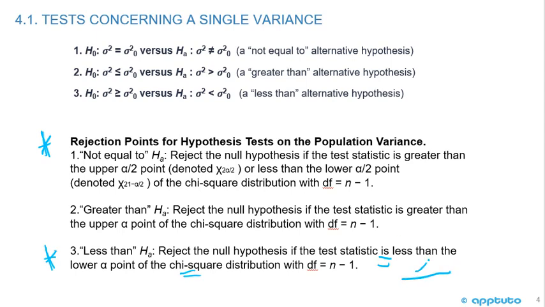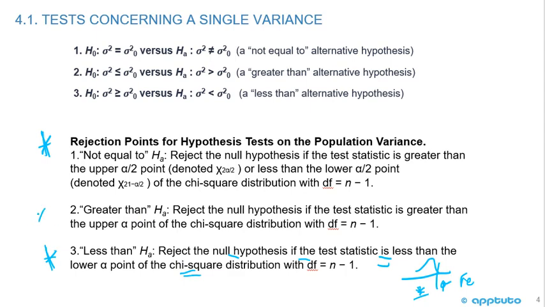Remember when we were doing our t-stats, if the number was greater than our critical value, we would reject, and if it was less than, we would fail to reject. But in this case, it's the opposite. We reject the null hypothesis if the test statistic is less than the lower point. That's for a less than hypothesis, okay?